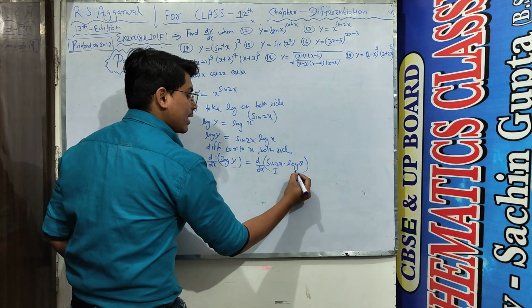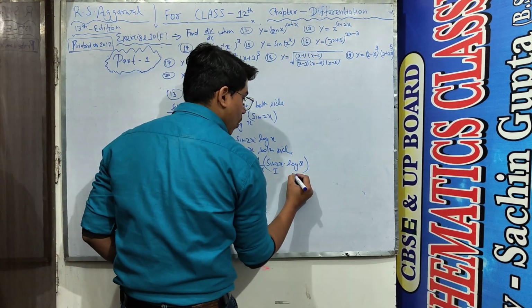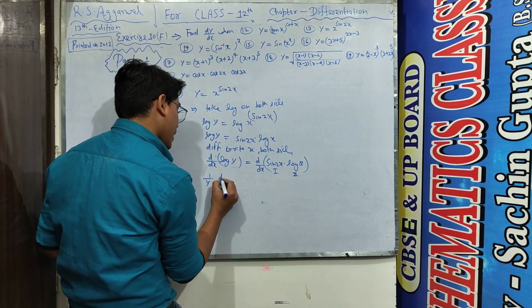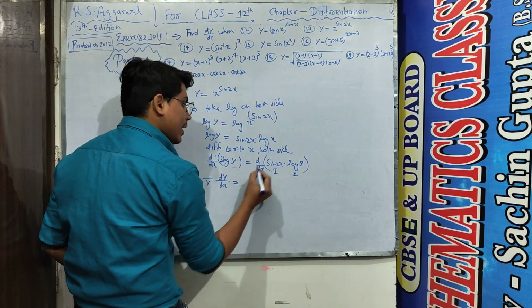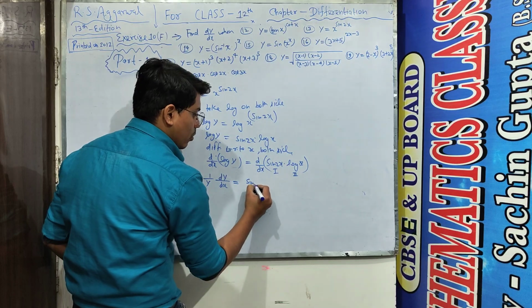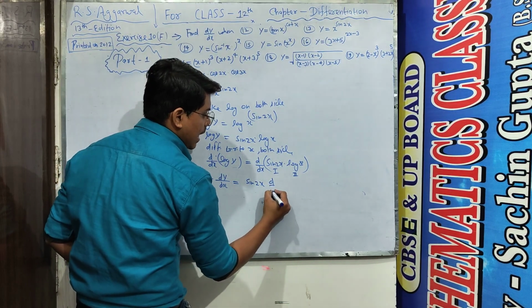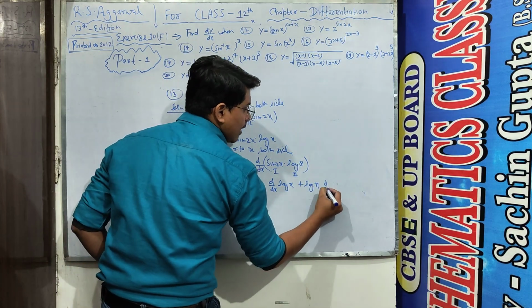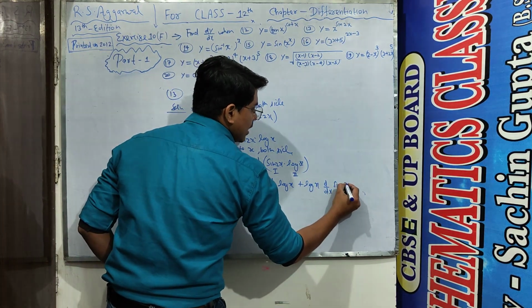And here we take sine 2x as the first function and log x as the second function. Then the differential of log y becomes 1 upon y dy by dx. And here we apply the first-second rule, so sine 2x comes as it is and we differentiate log x, and log x comes as it is and we differentiate sine 2x.